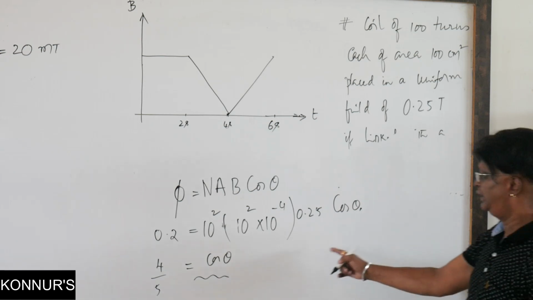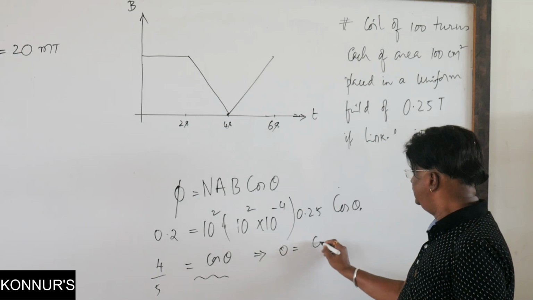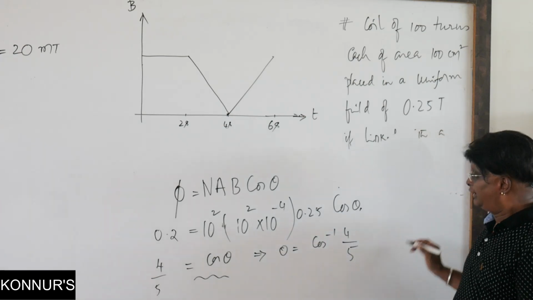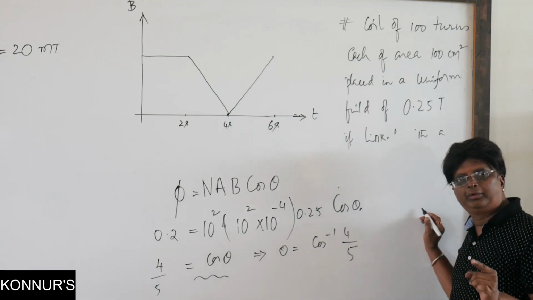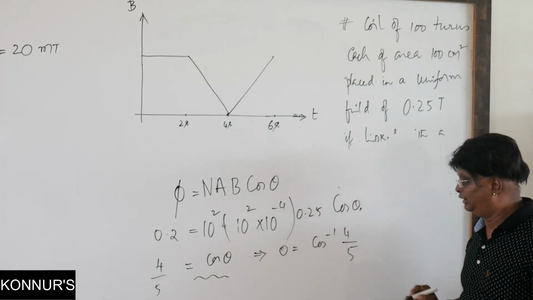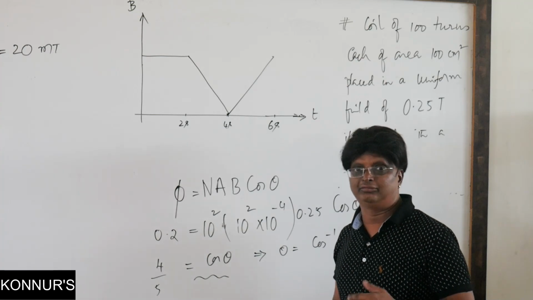Yes, 0.25. Cos theta is equal to 4 by 5. So theta is cos inverse 4 by 5. This is the angle made by B bar with the normal drawn to the coil, whereas in the given question it is asked to find the angle with the plane of the coil.